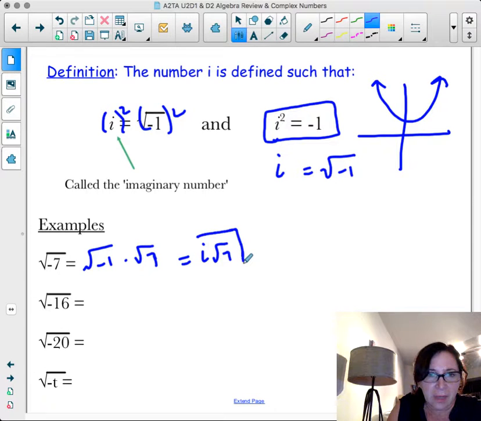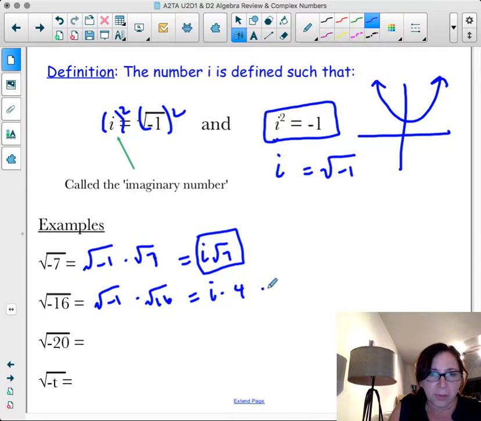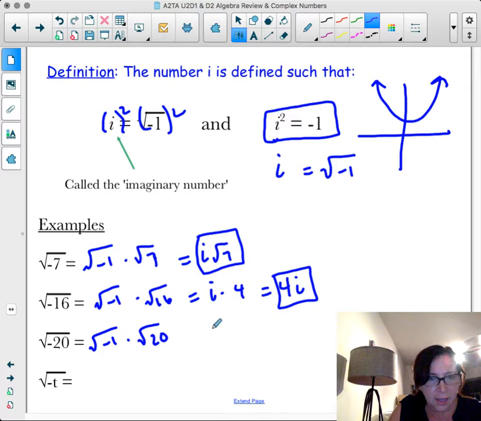Okay. Then we have the square root of -16. So that's going to be square root of -1 times the square root of 16. So again, that's going to be i times 4, which we write as 4i. Square root of -20, again, -1 times square root of 20. Now, square root of 20 can be broken down to square root of 4 times square root of 5, and of course, this is i.